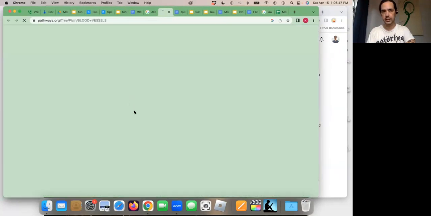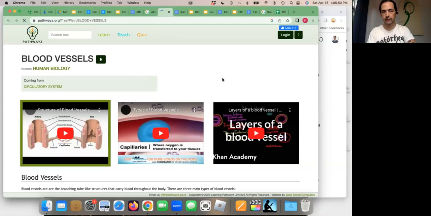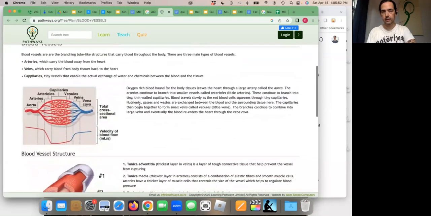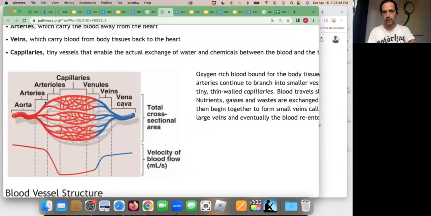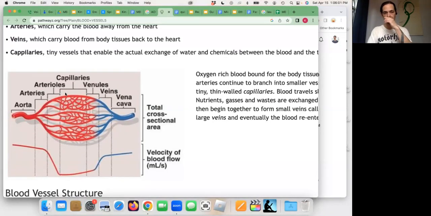So here you see a finer breakdown. You can see that the aorta becomes a smaller artery, arteries become smaller arterioles, arterioles become capillaries. And there are capillaries being contributed from the artery side and capillaries being contributed from the vein side.